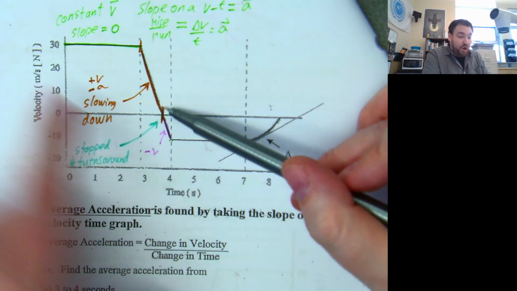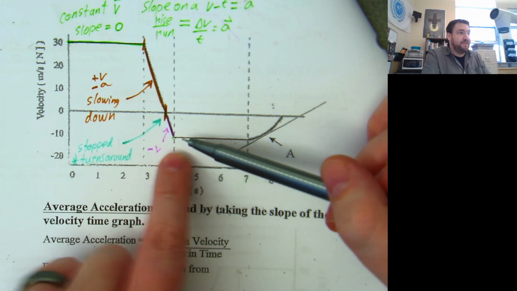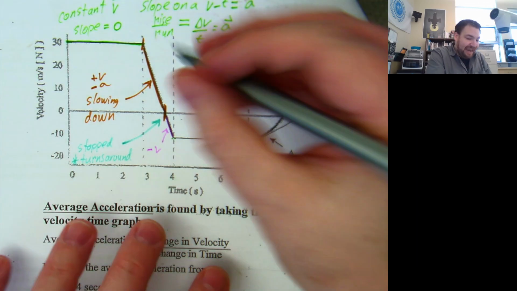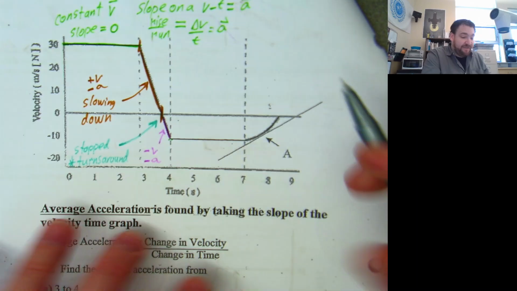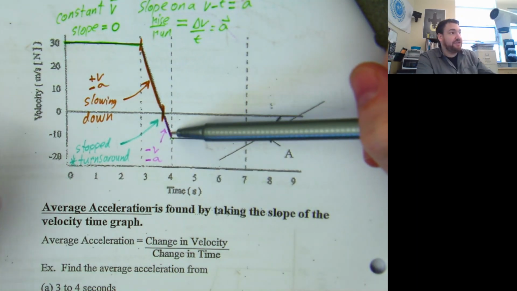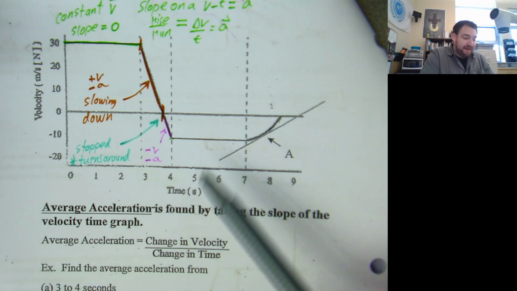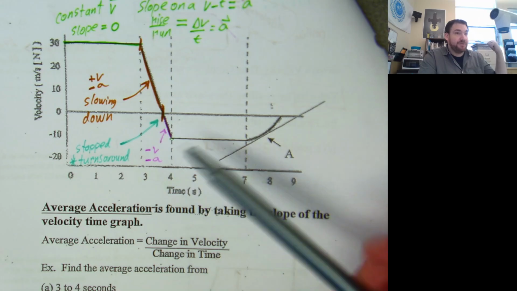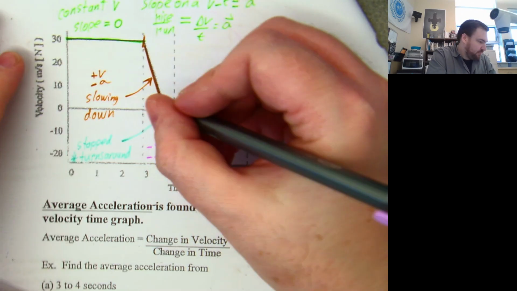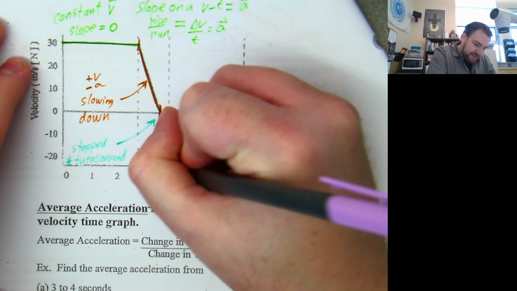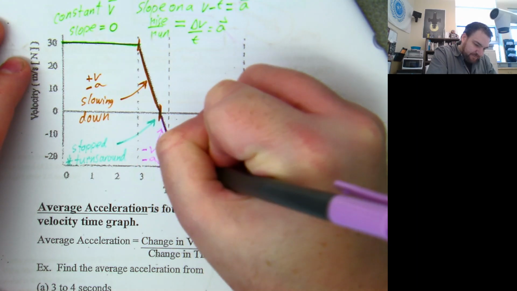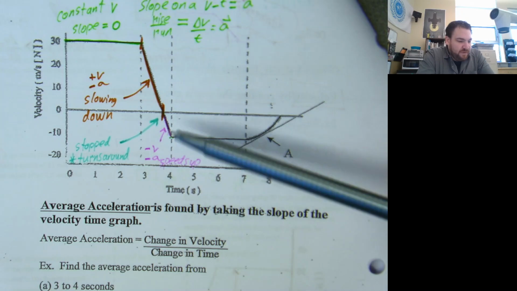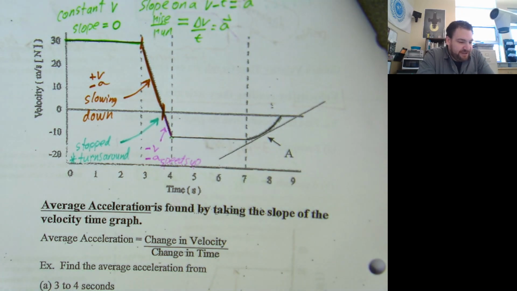We've dropped below the x-axis on a velocity time graph. And I've still got that same negative a. The slope is still negative. The slope is constant. If my acceleration and my velocity are both negative, it means we're speeding up backwards, or in this case, south. This just speeds up. We're tying it to all the stuff that we looked at a couple days ago.